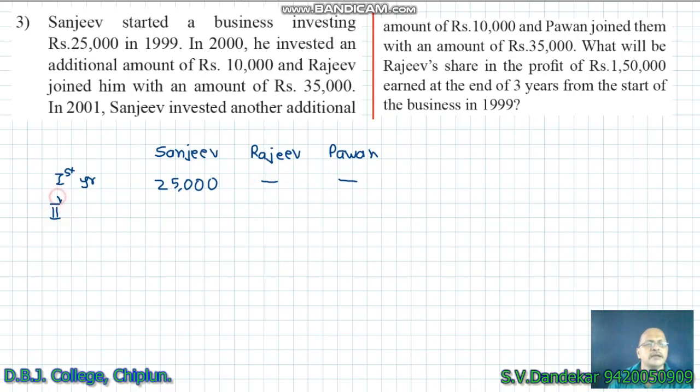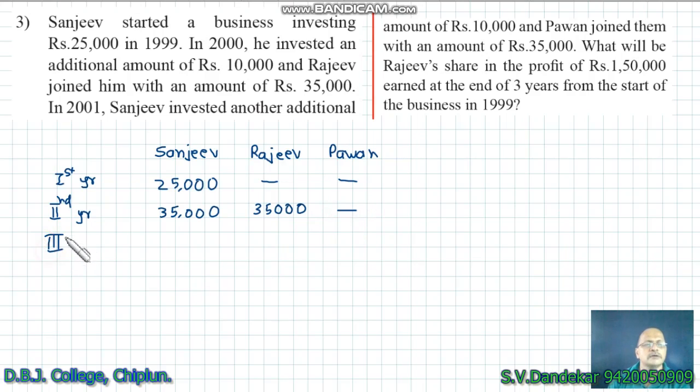In the second year, that is in 2000, he invested additional amount of 10,000, that is his capital is rupees 35,000 and Rajiv joined him with amount of 35,000. Pawan was not in the business.